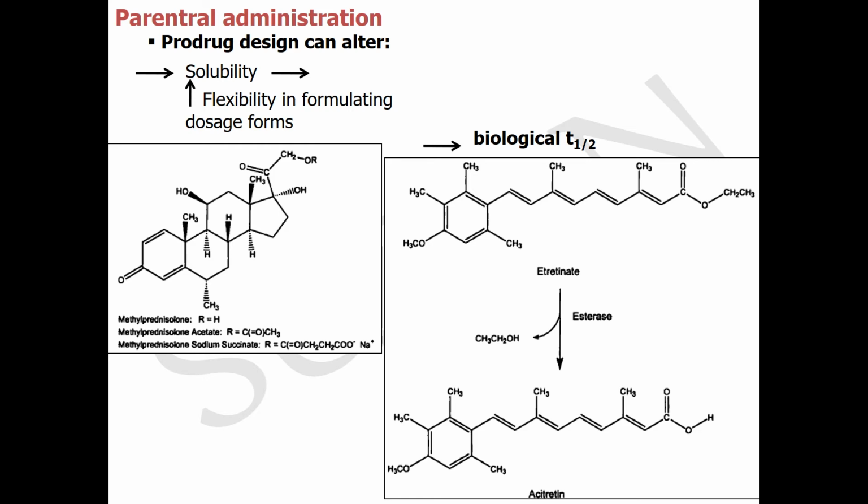Pharmacologically active drug اللي هو الacitretin have terminal half-life which is only 33 to 96 hours, and therefore it can be converted to a prodrug اللي هو ethyl ester اللي هو الاتريتينate.